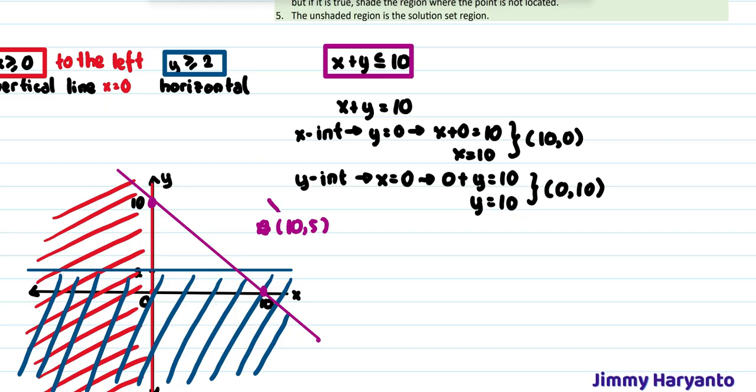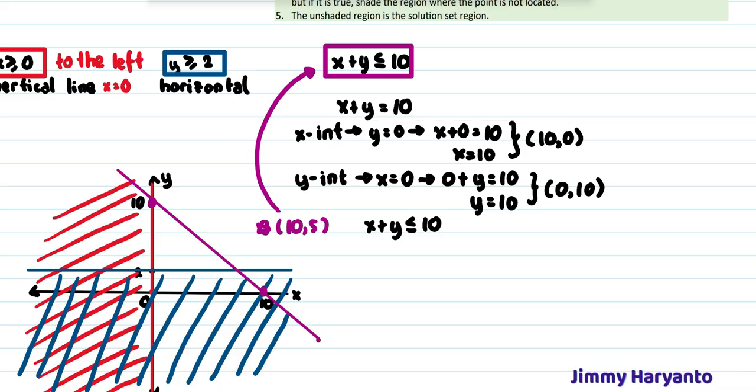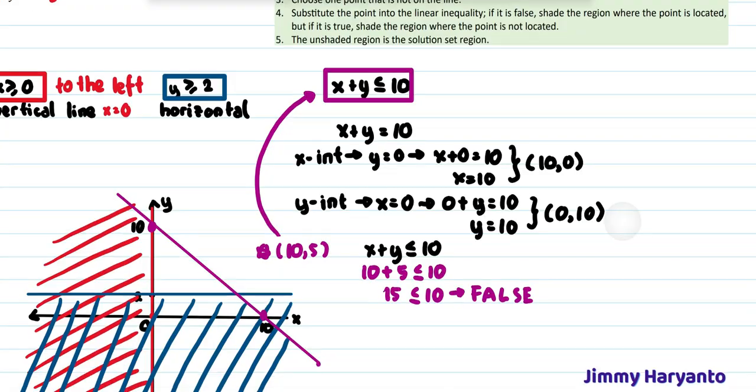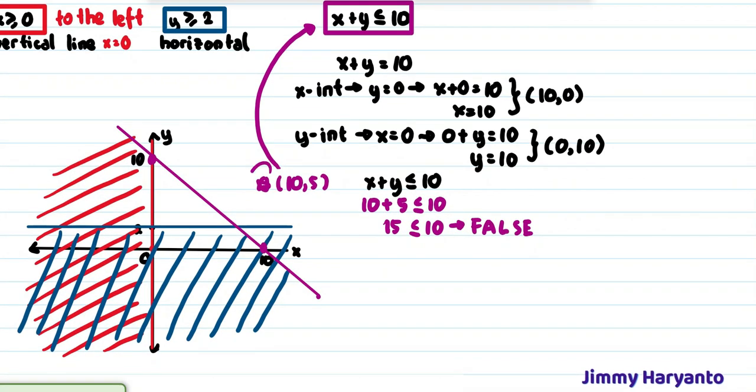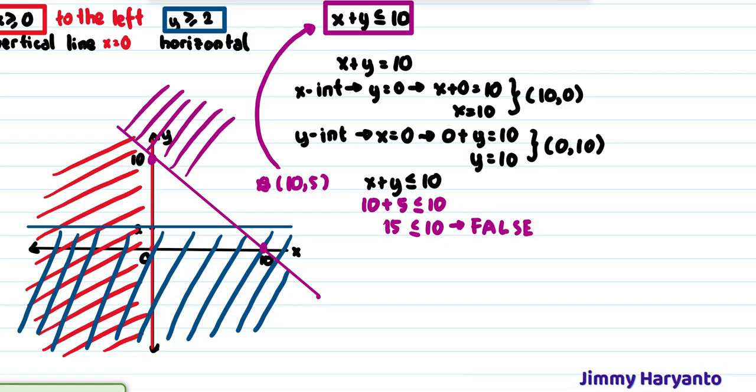I will input it into the inequality x plus y less than or equal to 10, to test true or false. So this one is 15 less than or equal to 10. That means this one is false, and the rule is when it is false you have to shade the region where the point is located. Because the point is located right in this region, the one that you should shade is this one.